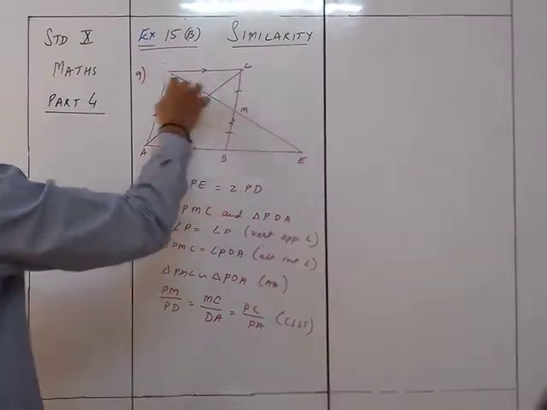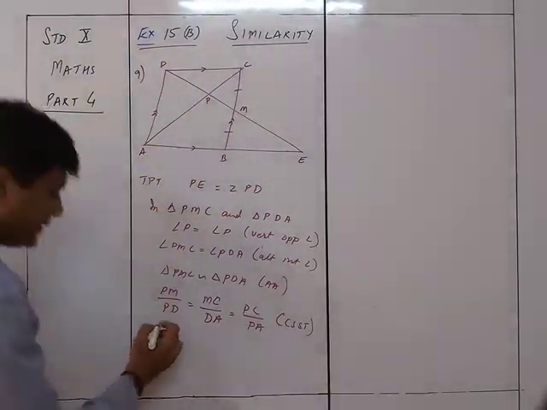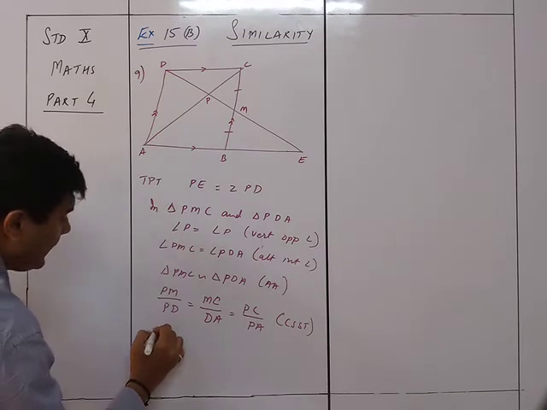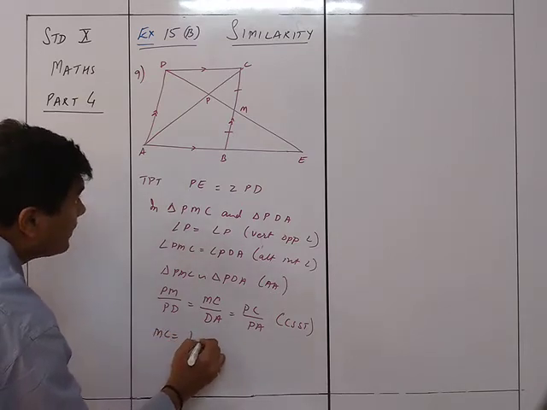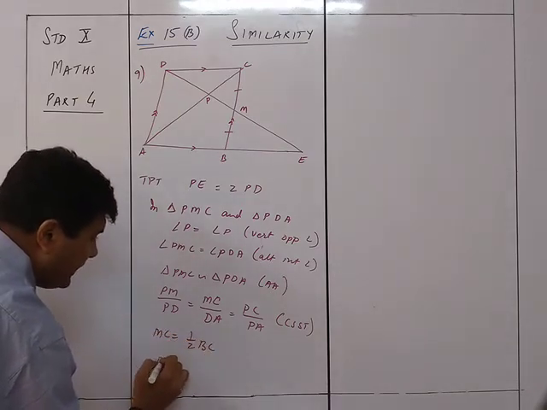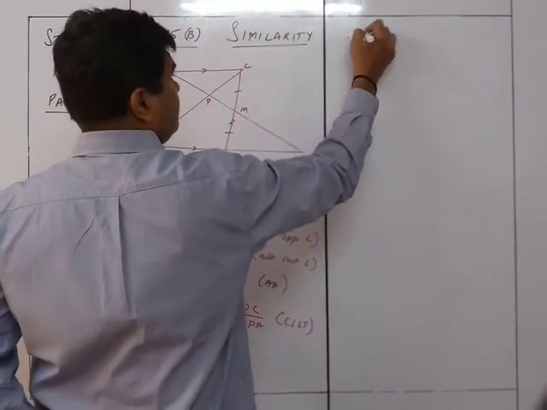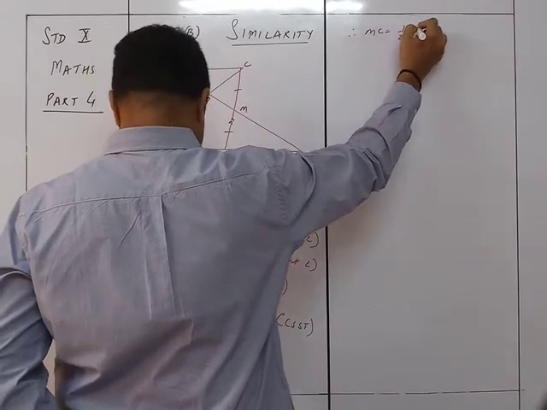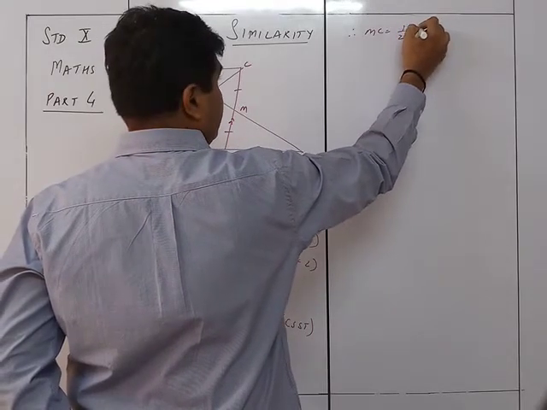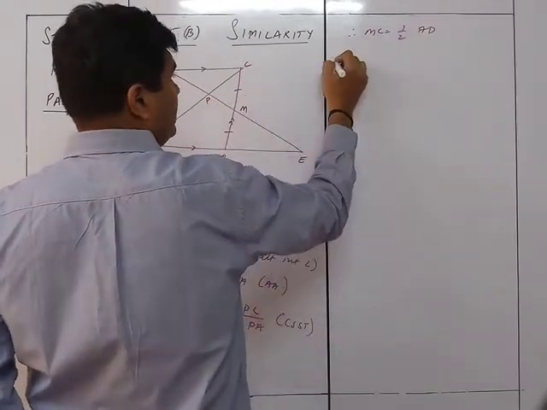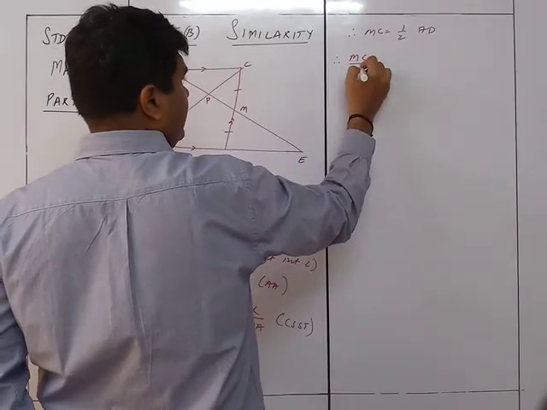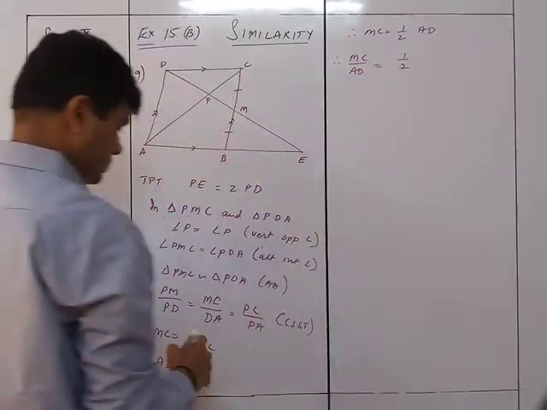But MC upon AD will be half because we know that MC is equal to half BC and AD is equal to BC. Therefore, MC is equal to half AD. Therefore, MC upon AD is equal to 1 upon 2.